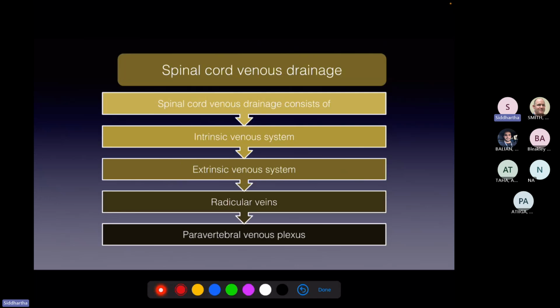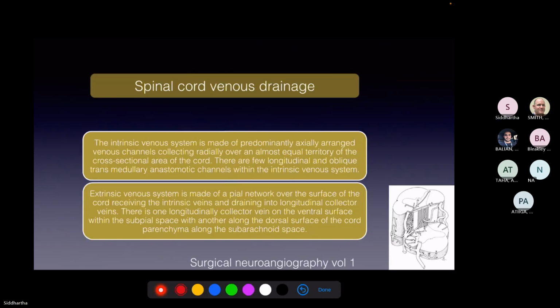This is an image from Lasjaunias' book, and it shows you the extensive anastomosis which happens inside the spinal cord. The extrinsic venous system is made of a pial network, similar to the veins in the subarachnoid space. There is one longitudinal collector vein on the ventral surface, while there will be probably one or more at the posterior surface, in the subarachnoid space.